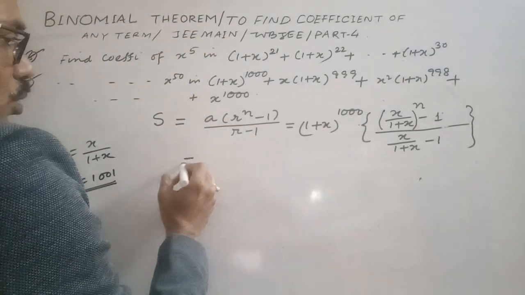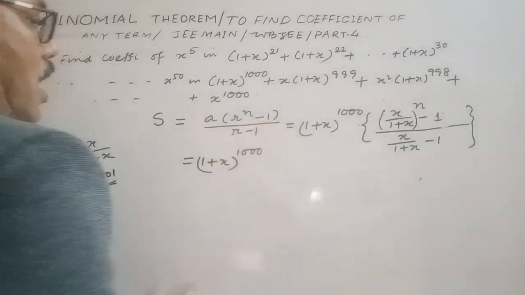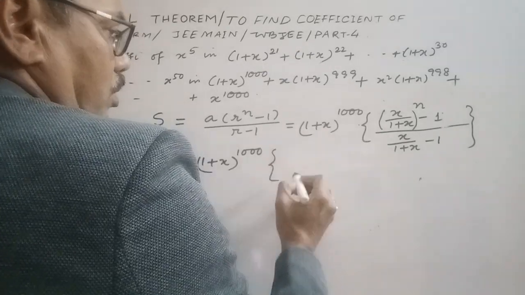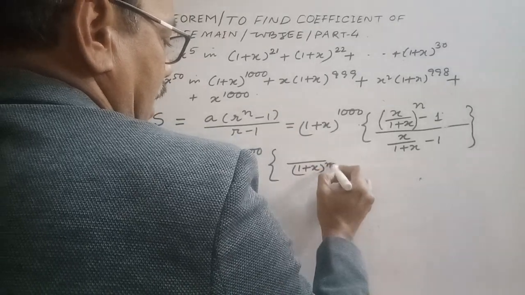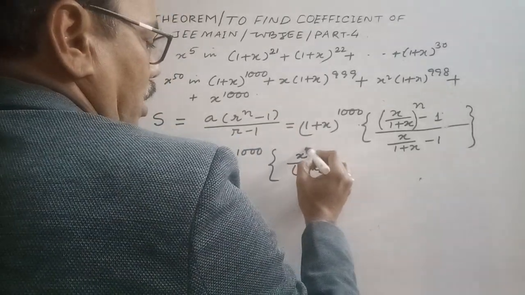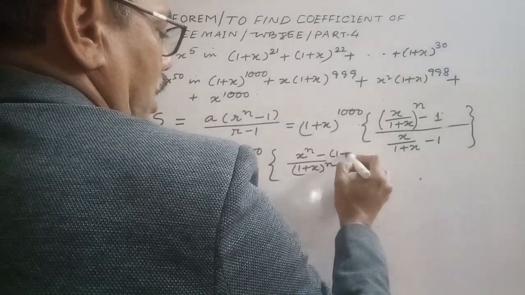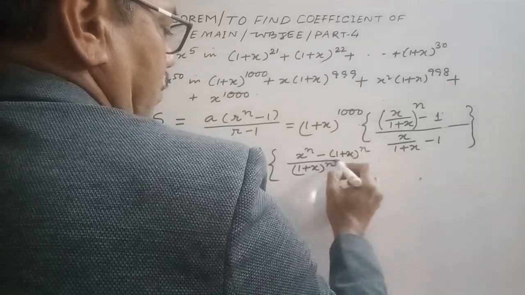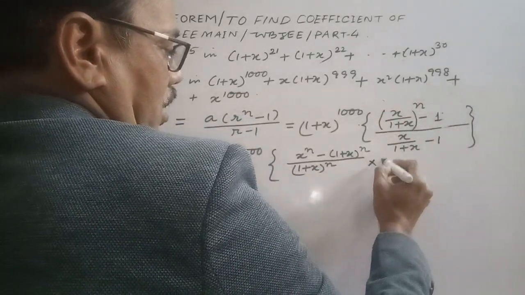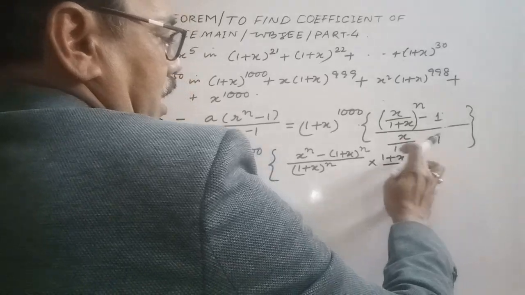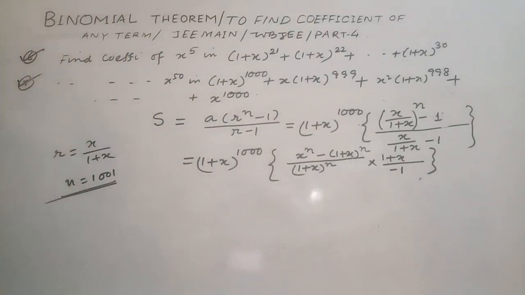So, what are we getting? 1 plus x, the first term, whole to the power 1000, A into, now this is 1 plus x whole to the power n and x to the power n minus 1 plus x whole to the power n. So this is x to the power n, 1 plus x this. Then 1 plus x by x minus 1, that is minus 1 by minus 1.